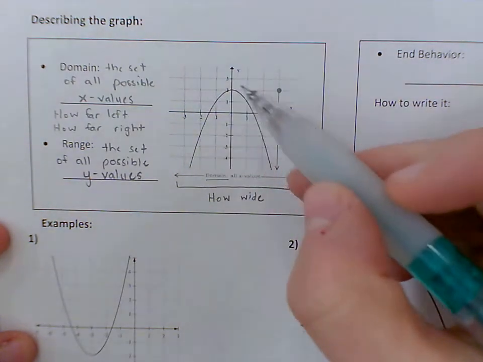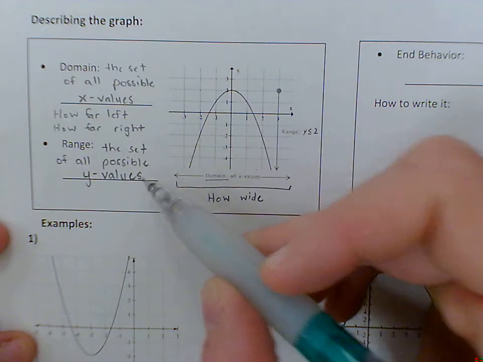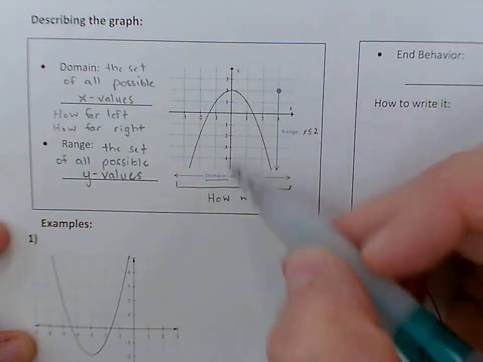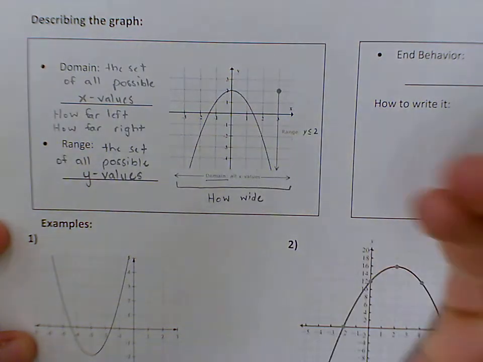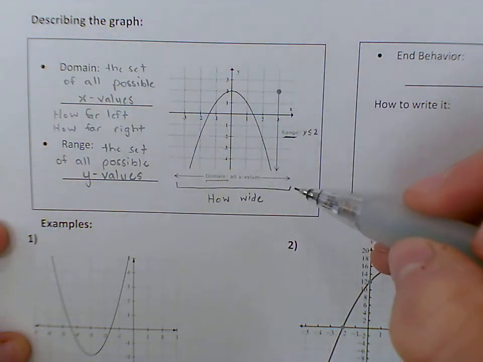When you're looking at the graph to find the range, think that y values deal with the y-axis, which goes up and down. So with range, you're looking at how tall your graph is.